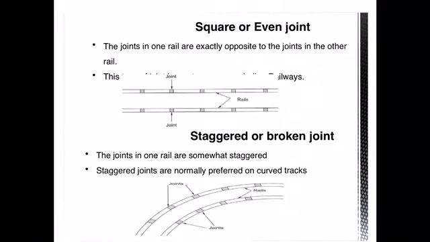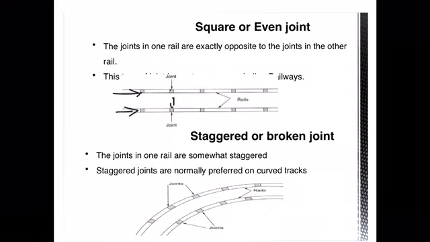And the next type of joints is the classification based upon the position of the joints, or how the joints are placed on the two opposite rail sections. So these are the two running faces of the rail section. Here, as you can see in the picture, the joints are positioned exactly opposite to each other in the other rails.